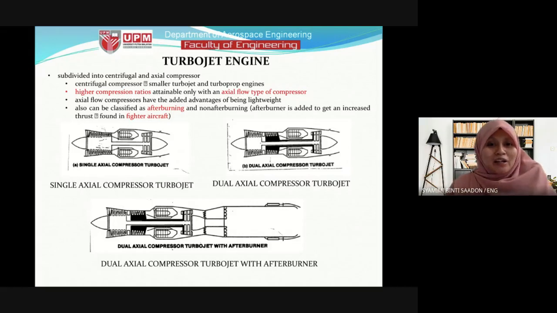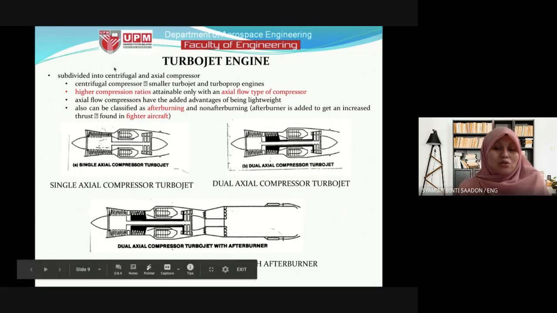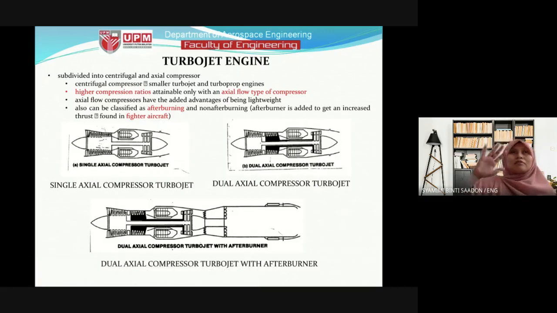But first, the centrifugal compressor and axial compressor. Why do we commonly use axial compressors here? We also use centrifugal compressors. We will see about these compressors in a few chapters in the future, inshallah, chapter 2 or chapter 3, maybe after your semester break.